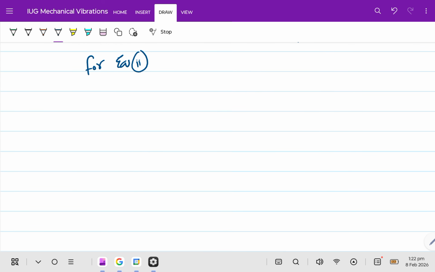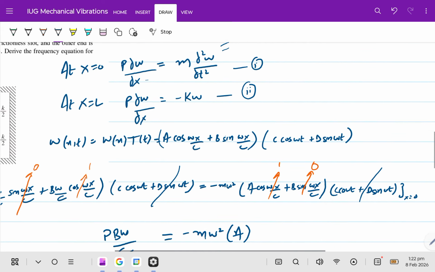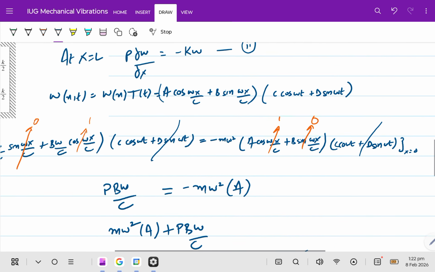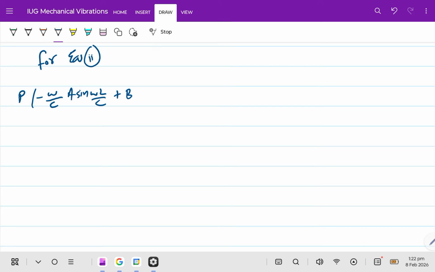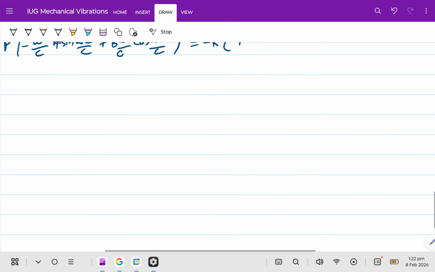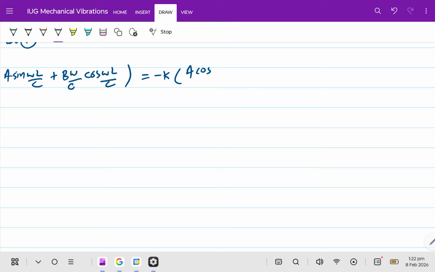So you will have P minus omega over C A sine omega L over C. And now you're substituting here, and plus, while also differentiating simultaneously, P B omega C cosine omega L over C equals to minus K into A cos omega L over C plus B sine omega L over C.